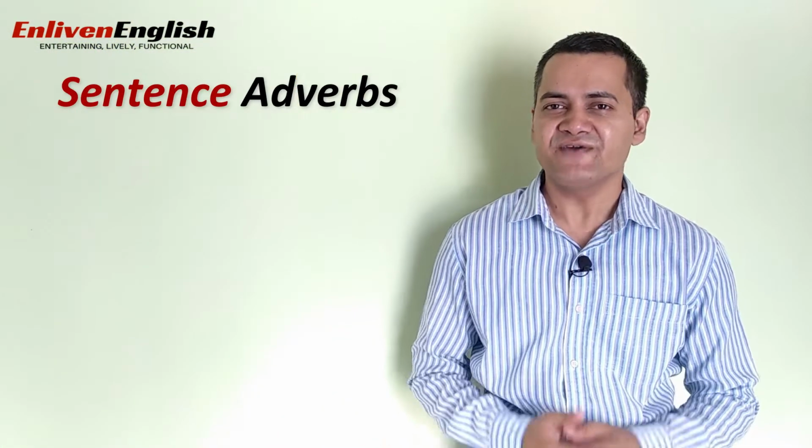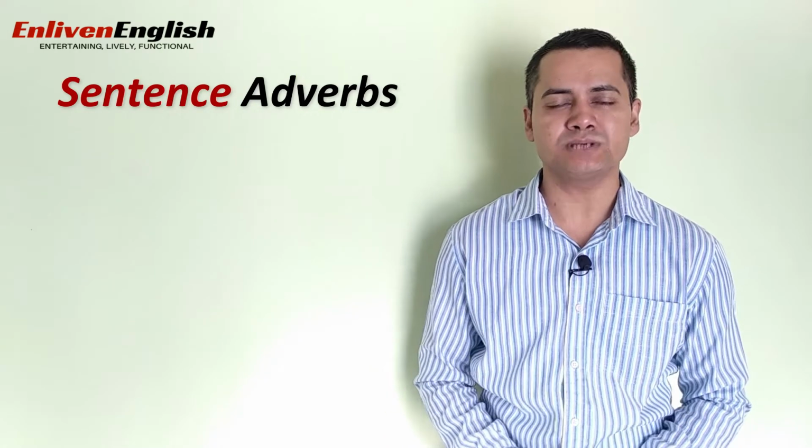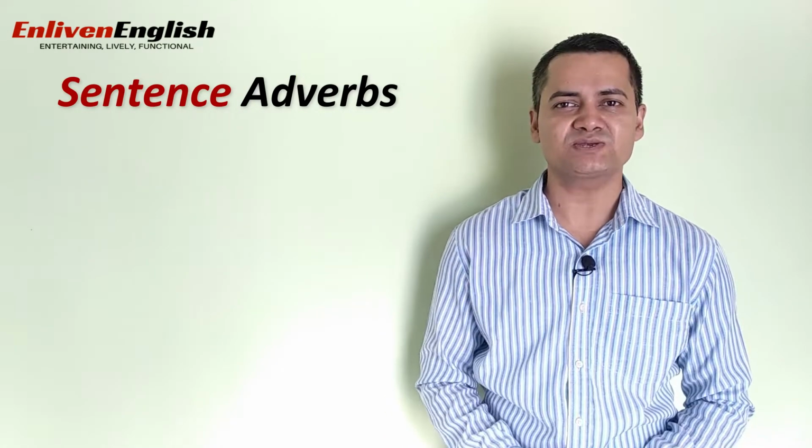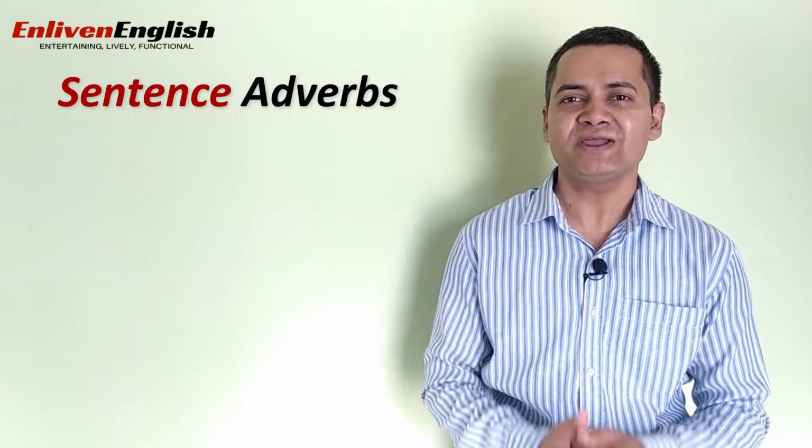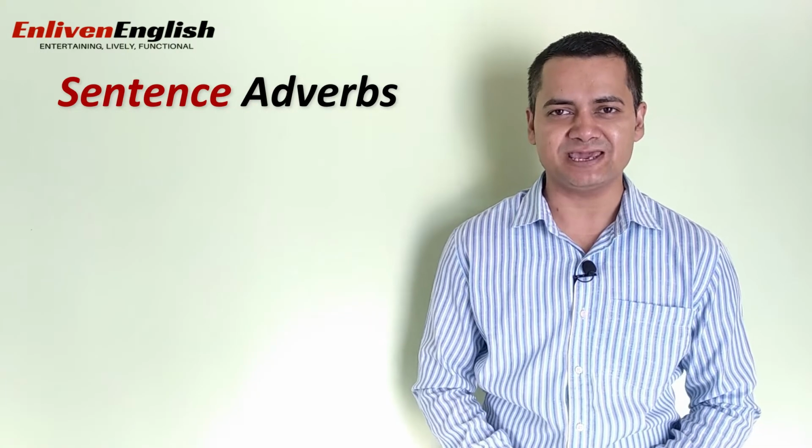Now we have got a fair bit of idea what sentence adverbs are. Let's see a comprehensive list of such adverbs that we use quite frequently while writing and speaking.